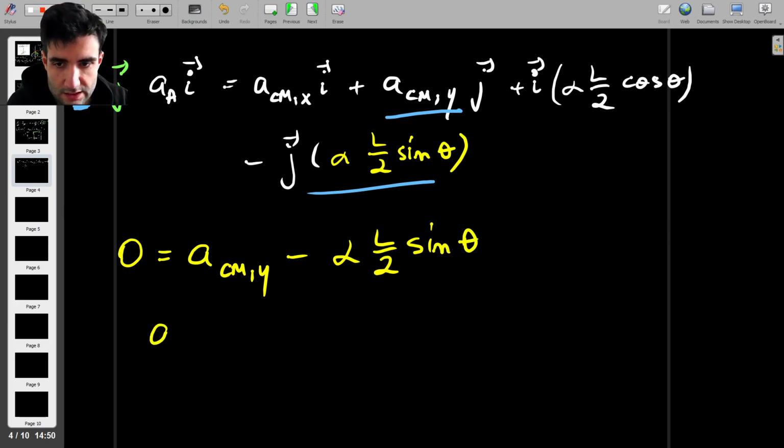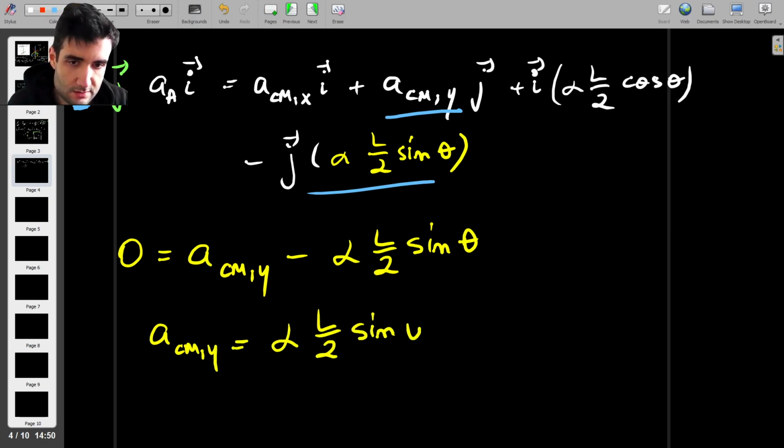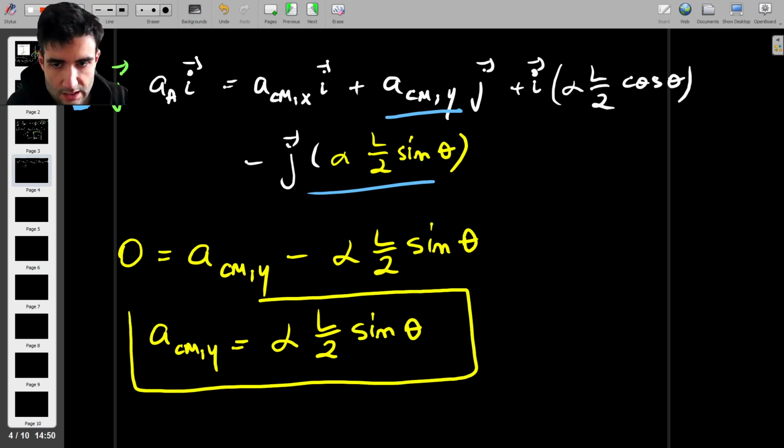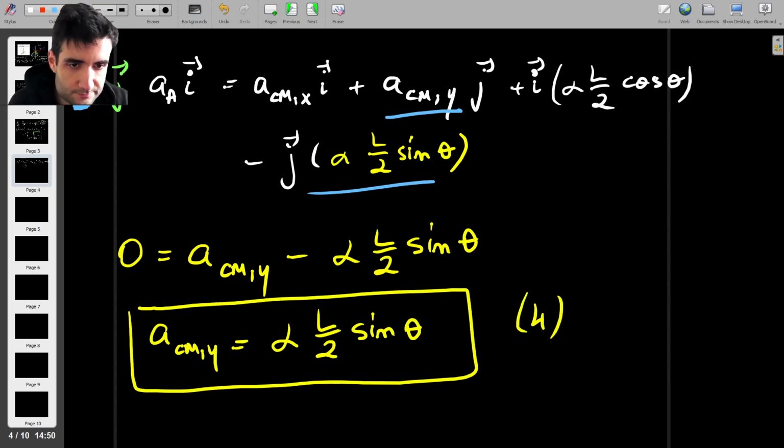So from here we get that the acceleration of the center of mass in y is equal to alpha L over 2 sine theta. And this is our fourth equation that we need to solve for pretty much everything, right?